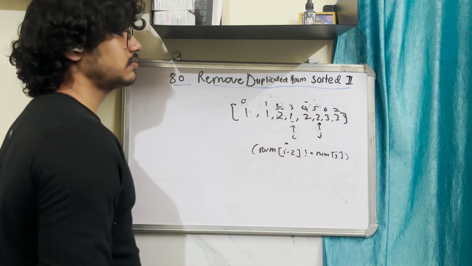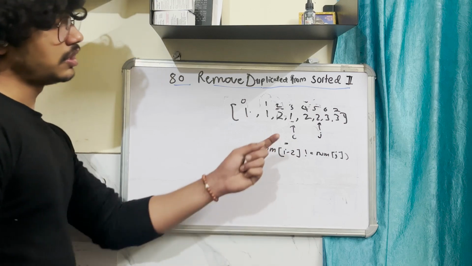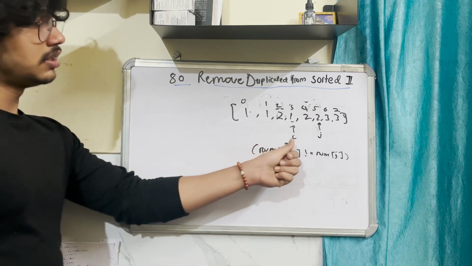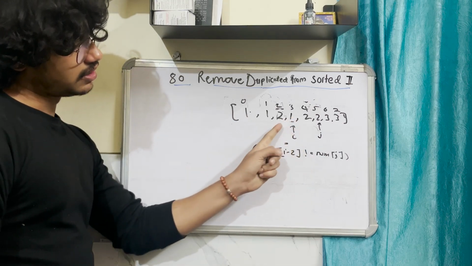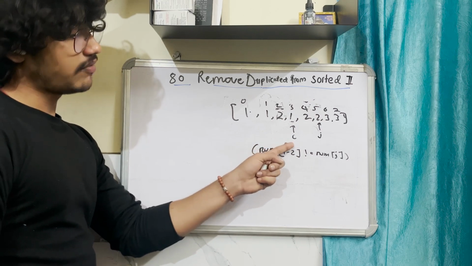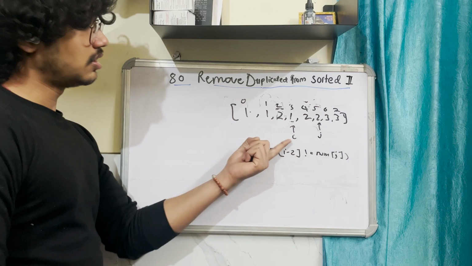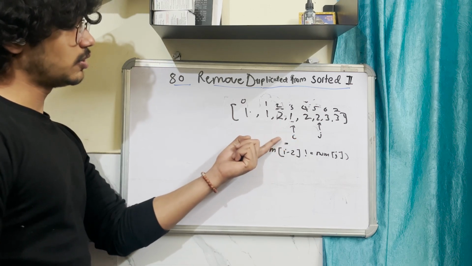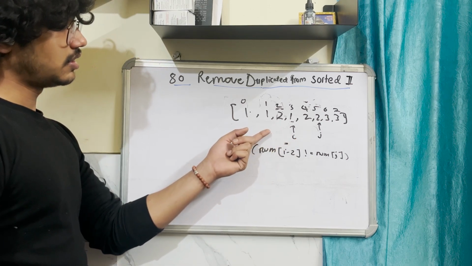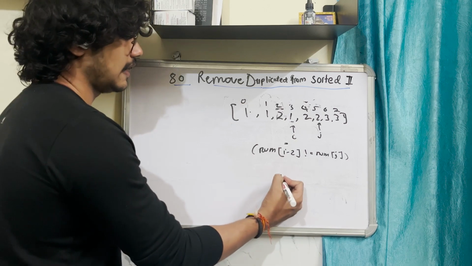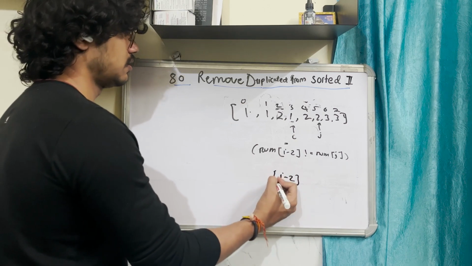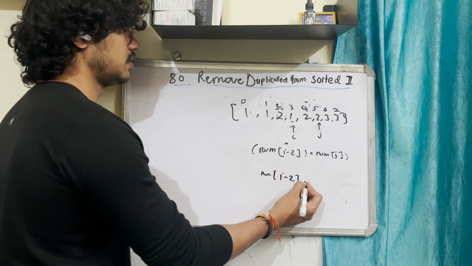Then we check whether this element has occurrence more than 2 or not, by checking at the nums of I minus 2 index.